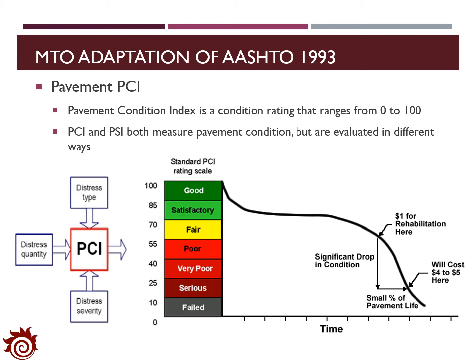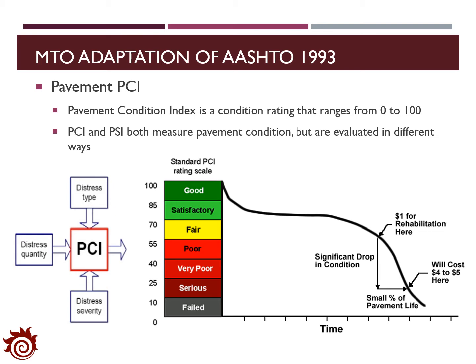If you apply the reconstruction project at the seriously poor or failed pavement condition, then the cost of the project will be 4 to 5 times higher than that for the rehabilitation project at the fair and the poor pavement conditions.